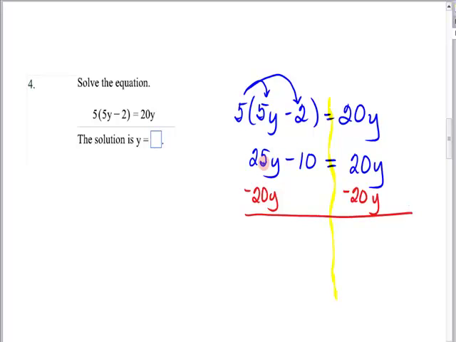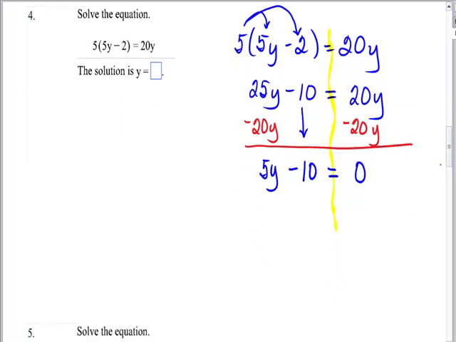I have 25y minus 20y gives me 5y. Nothing has happened to that minus 10, so bring it down. Equal sign, now this is what is bothersome to some people. 20y minus 20y is 0. There's nothing else over there. So now that I have all my variables together, on one side I need to get the y by itself. Is there a constant?